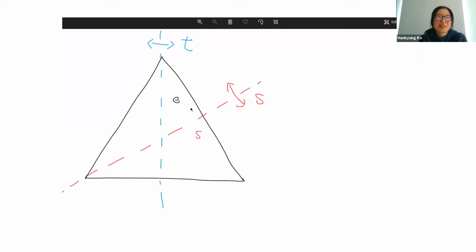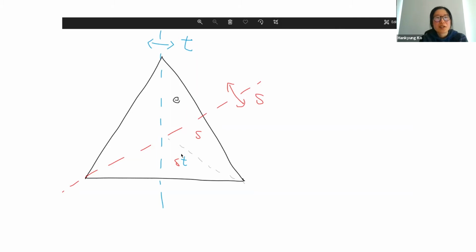If you act by the reflection S, it will be mapped to where I wrote S. And the element ST acting on E maps it to this place.